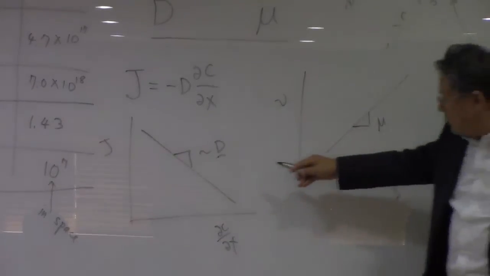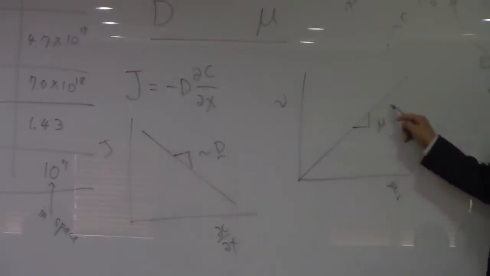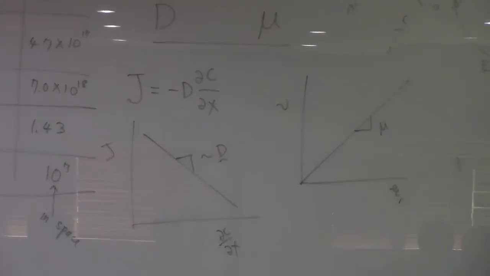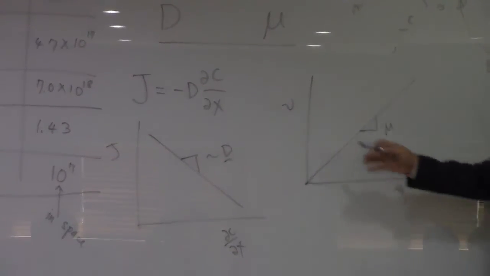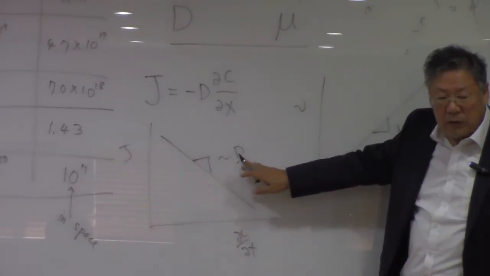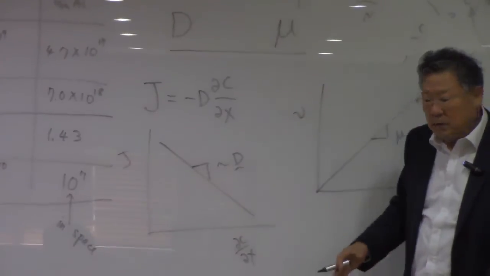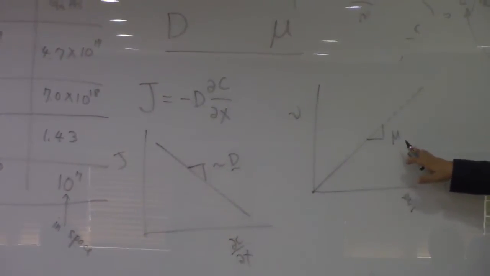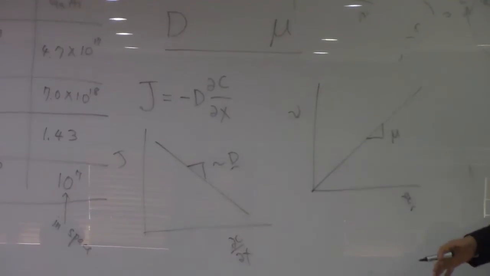So this is a material constant, and this is a material constant. Those are related to the moving flux of the particles, okay?